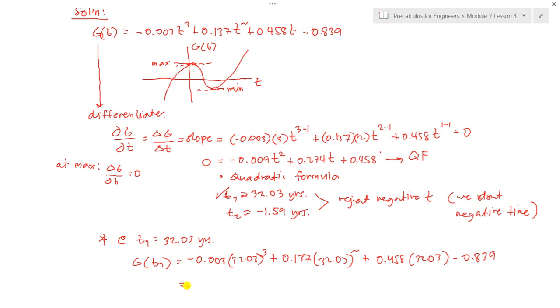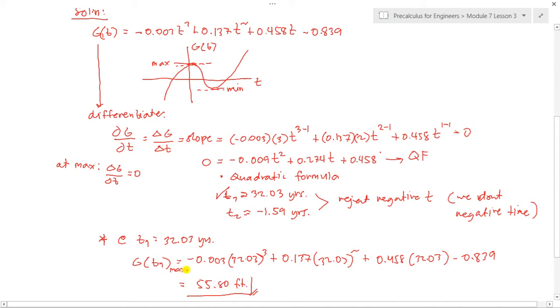The answer is 55.8. So, ang growth there is a rate of 3 at 32 years is 55. Sorry. This one is 55.8 feet.